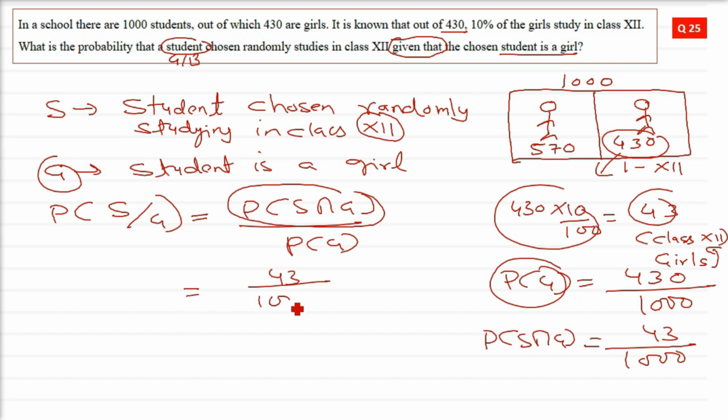So P(S intersection G) is 43 by 1000, the girl who is also in class 12. And then choosing a girl from all the 1000, which is the P(G), having a girl from 1000 possibilities, so in all it will be 430 divided by 1000. When you divide them, it will be 1 by 10. The required probability is 1 by 10.